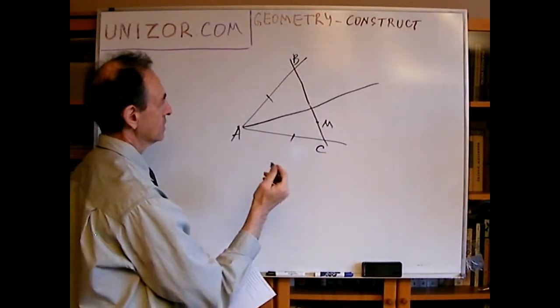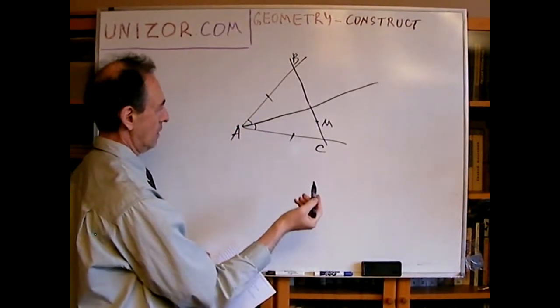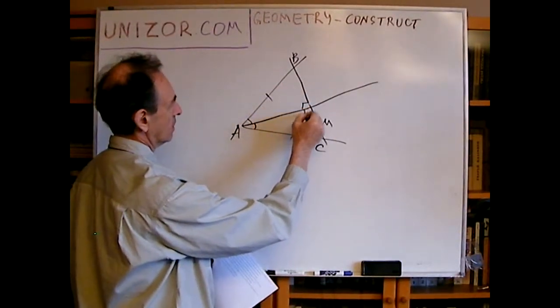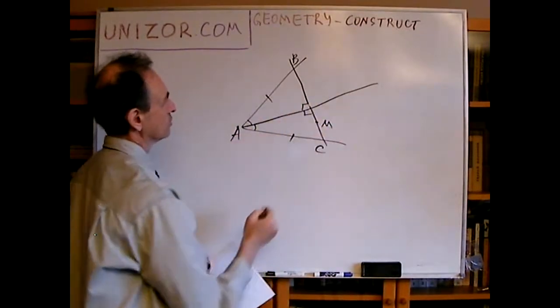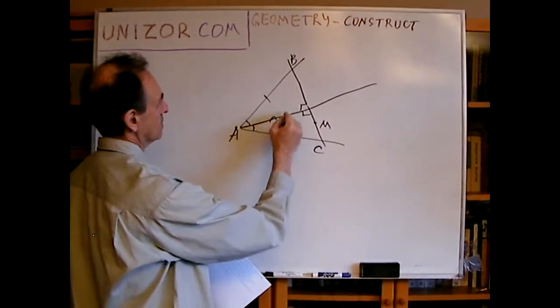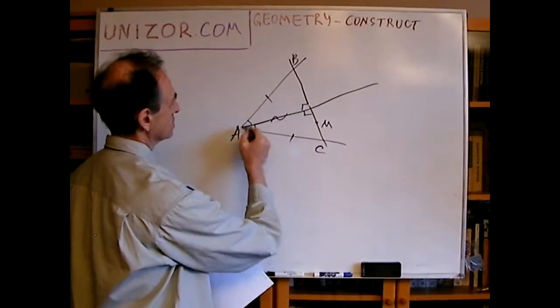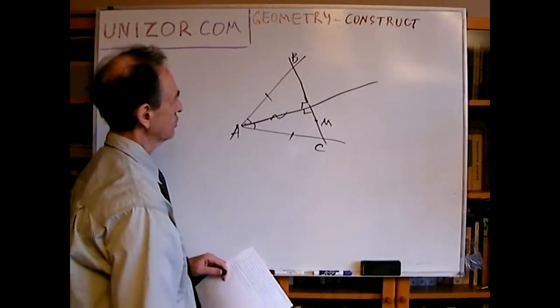Why? Well, it's obvious: since this is an angle bisector, these angles are congruent. These are right angles, since we draw a perpendicular to the bisector. And this cathetus is common for these two right triangles. That's why hypotenuses are equal to each other.